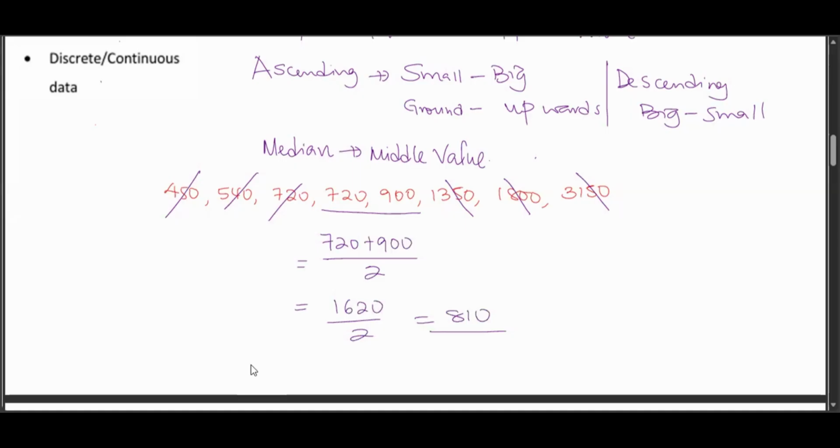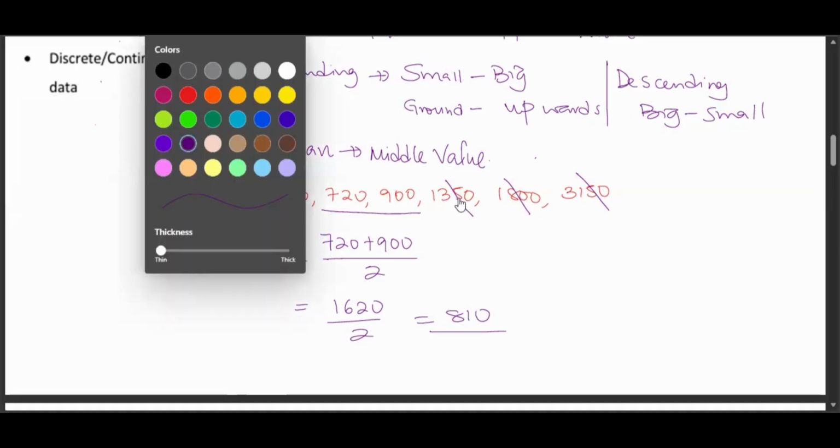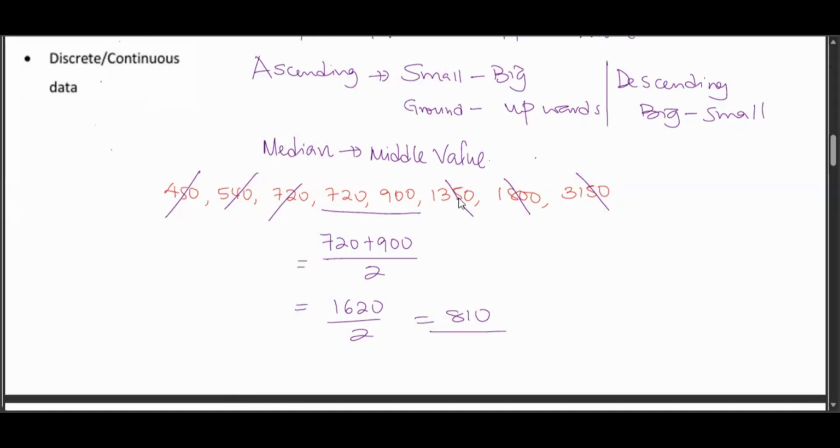Someone might ask, what about if there were 9 values, what would you do? Let's say here we have 4,800. So now we're going to do it another way.